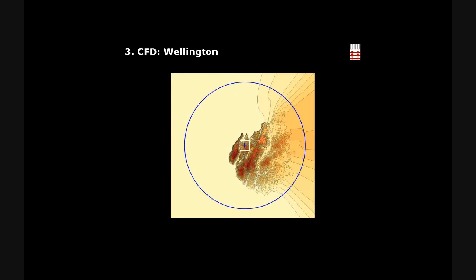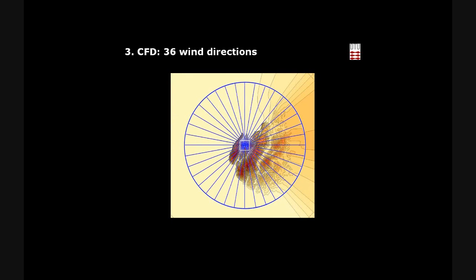So each time a user sends a request for a 2 by 2 kilometer square, the CFD grid is generated, and then 36 wind directions are simulated. So one 2 by 2 kilometer tile calculation is actually 36 CFD simulations. So we have very high resolution grids, but we also have very high angular resolution.